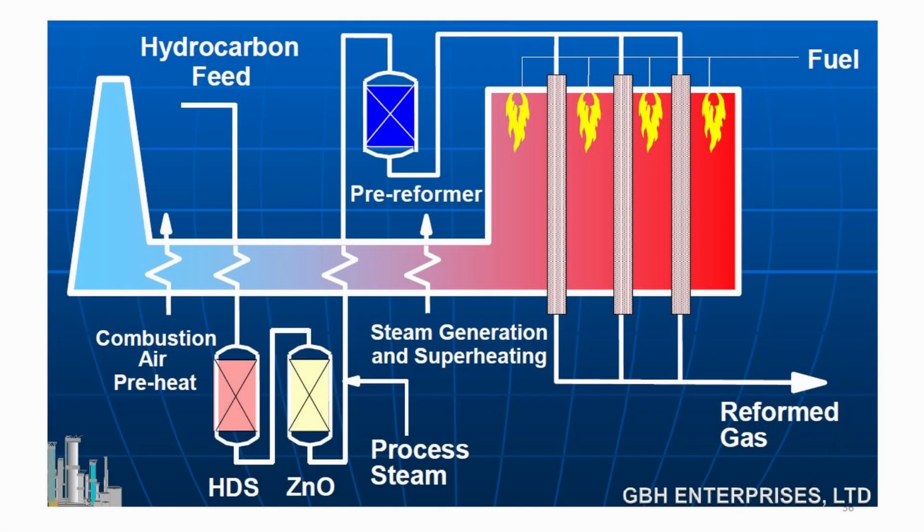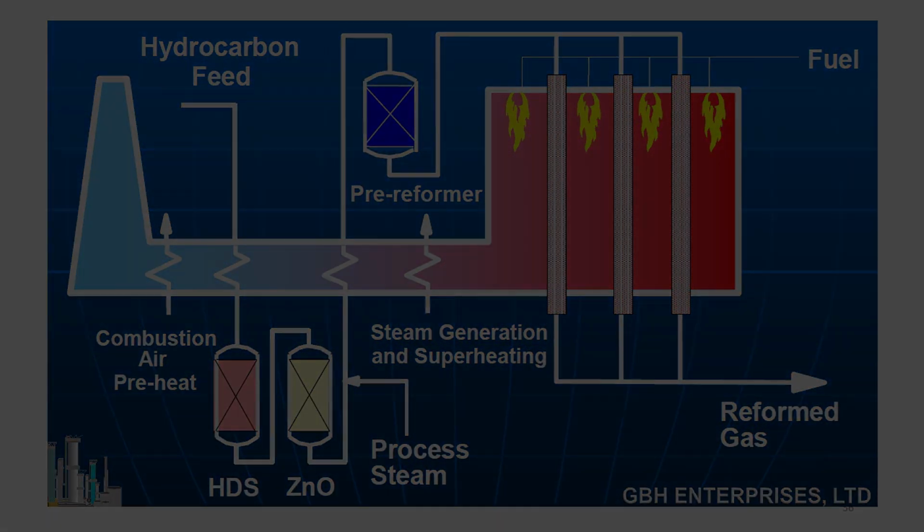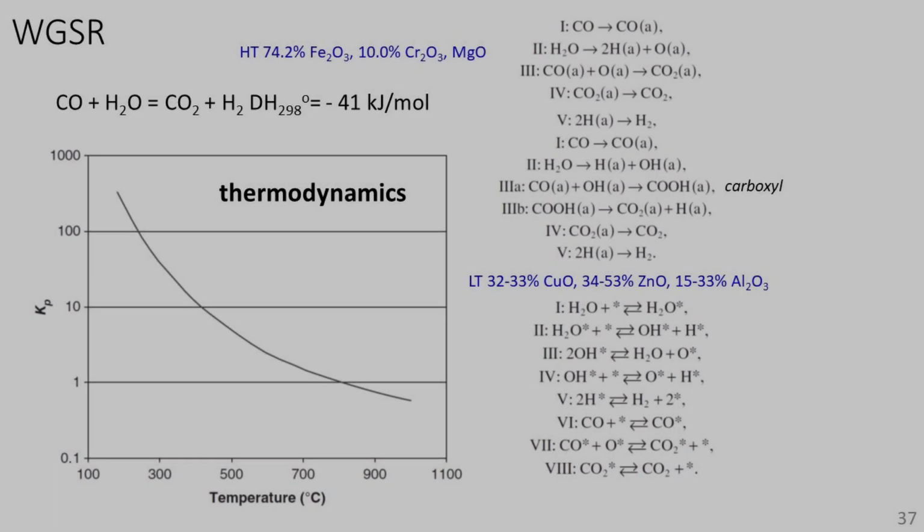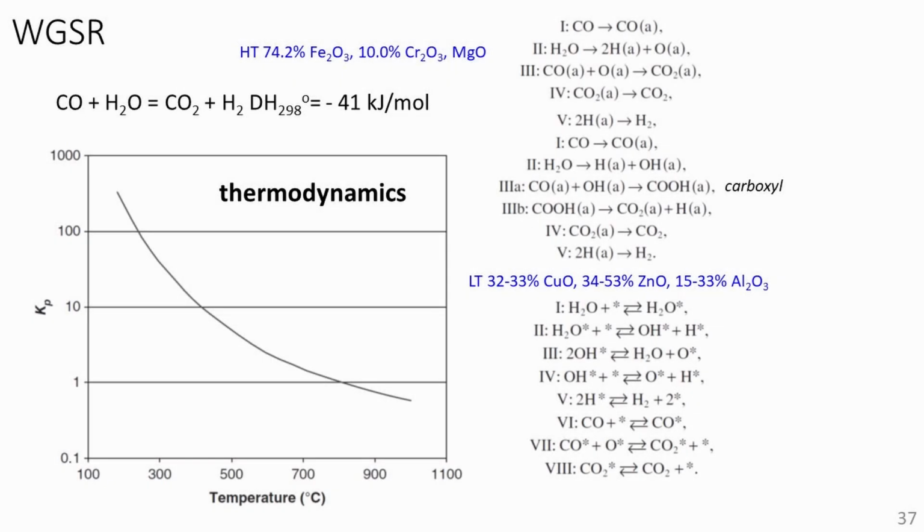Water gas shift. Hydrogen production from syngas by reforming or gasification requires a shift of the gas composition toward hydrogen and CO2 at the expense of CO and water. This process step increases the hydrogen yield from the fuel conversion process and reduces the CO concentration in the product gas.